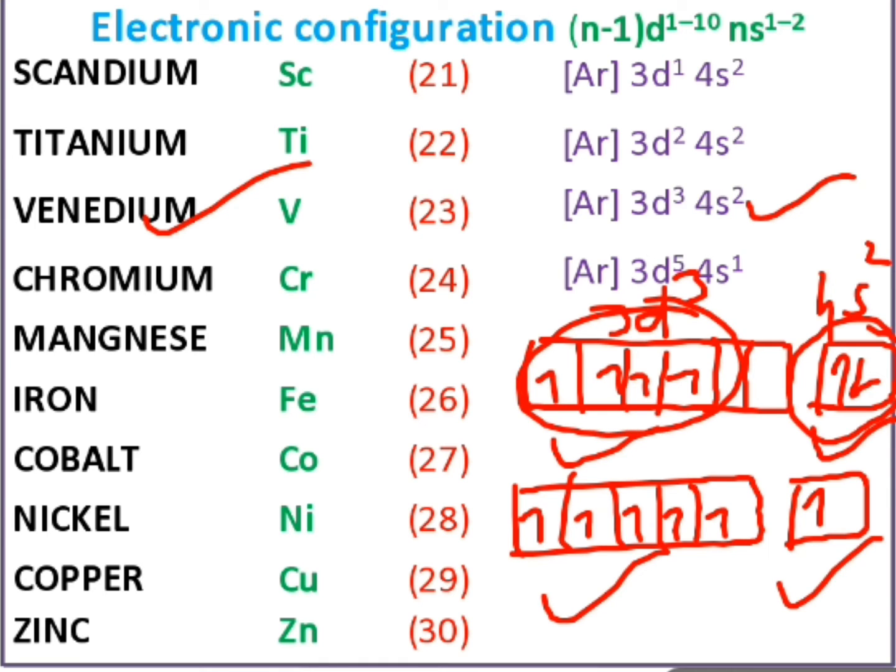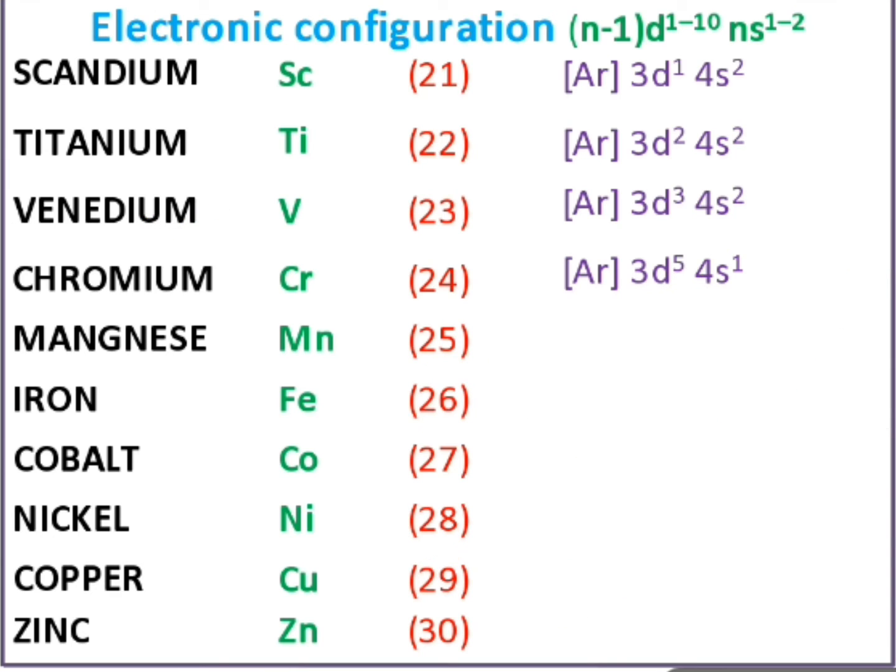This one is quite unstable. In the second condition, both orbitals are stable. In which condition will the atom exist? The atom will exist in the stable condition. If both the orbitals are stable, that will be the ground state. So that's why we write the configuration of chromium as 3d5 4s1.